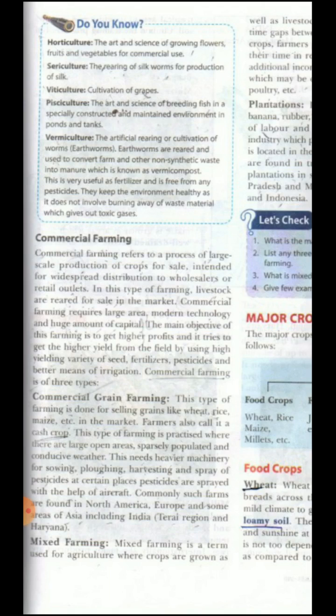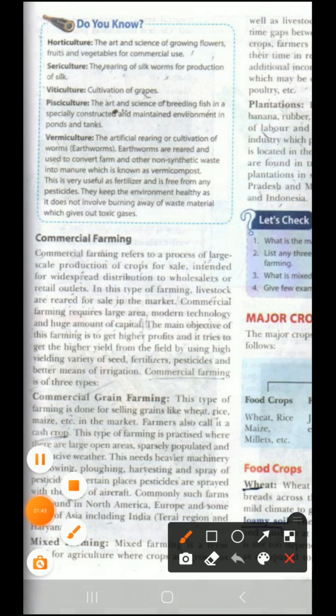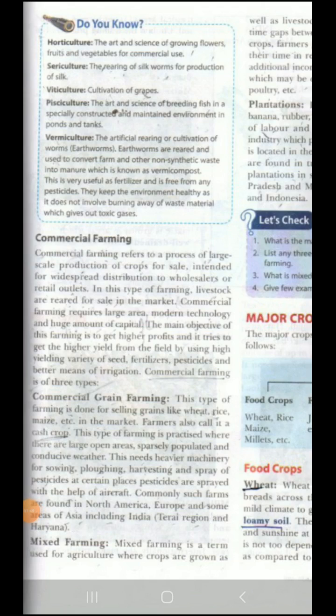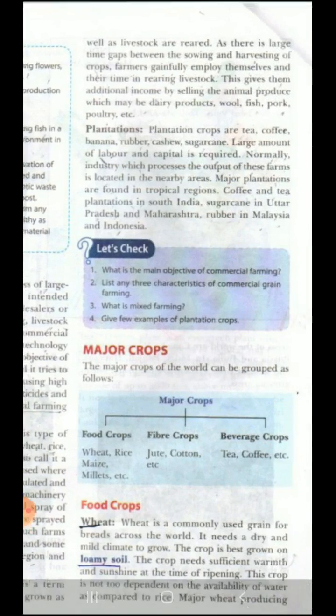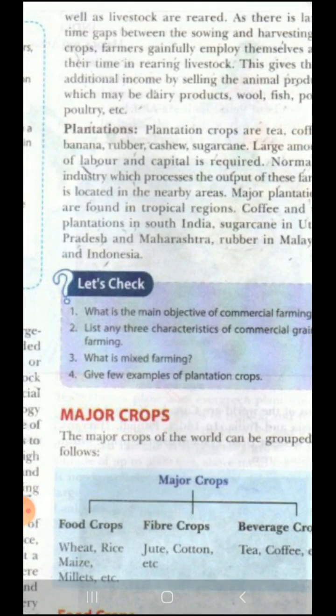Now the next one is mixed farming. In this type of farming, cultivation of crops and rearing of livestock is done on the same farm, and it helps farmers earn more income.